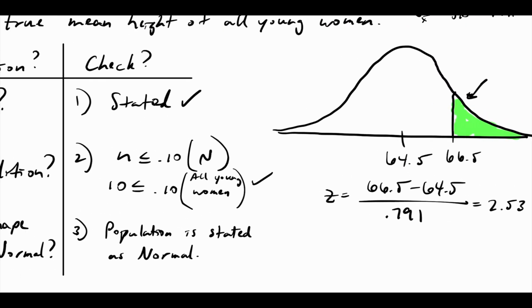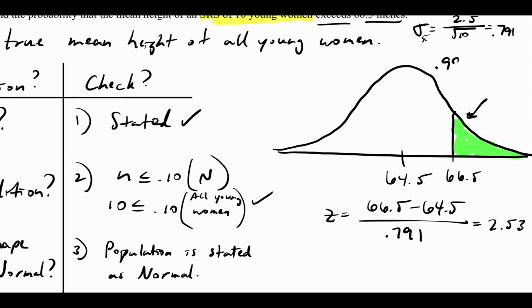Bigger z-score means bigger percent, bigger decimal. 2.53, it's pretty much 1, right? 0.9943. Again, that refers to the blank side.